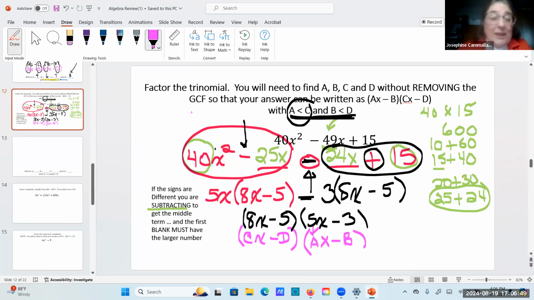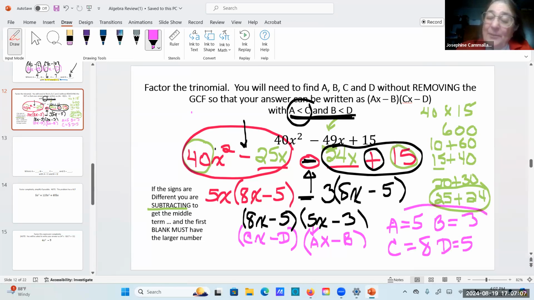So therefore, A is 5, B is 3, C is 8, D is 5. Okay. Any question with this?